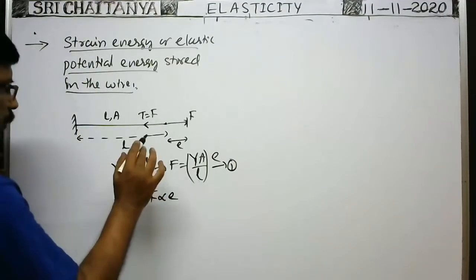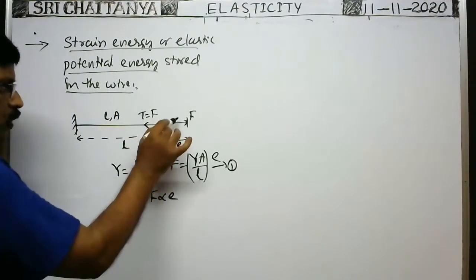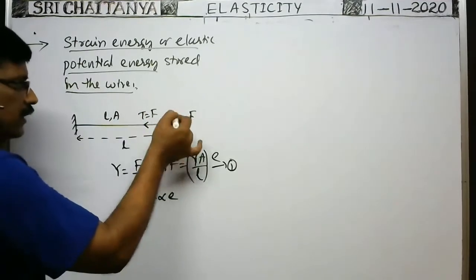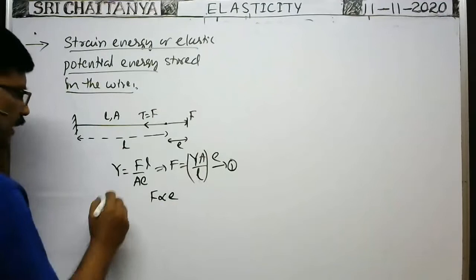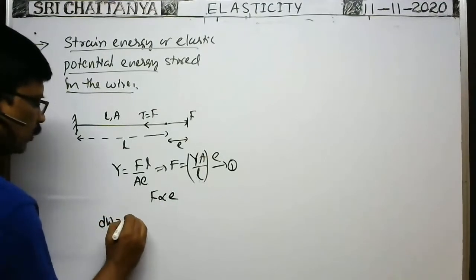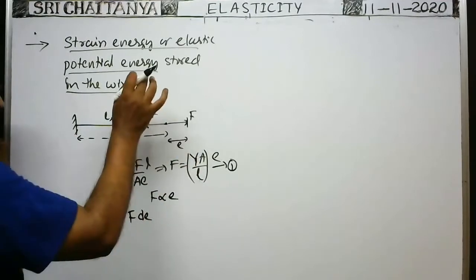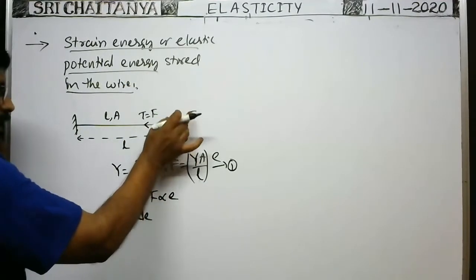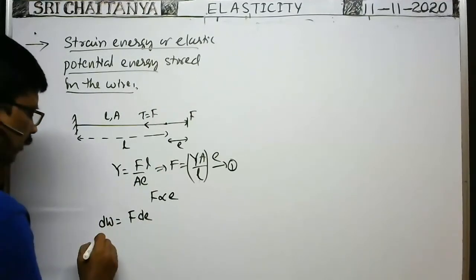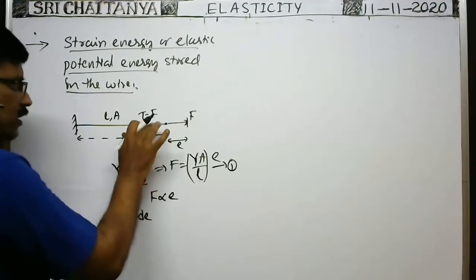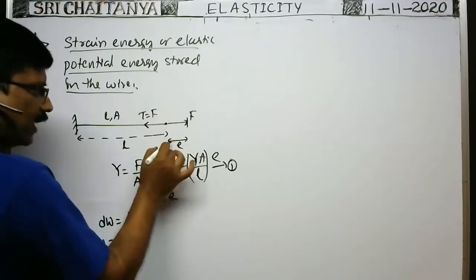So as F is proportional to e, the force to be applied on the wire varies linearly with elongation. For a small elongation de, what is the work done by this force? That is dW, and dW is equal to F into de. Therefore, what is the total work done to extend the wire from elongation 0 to e?